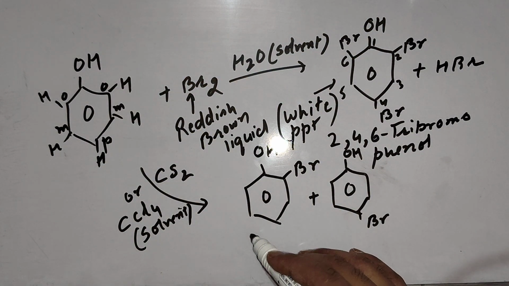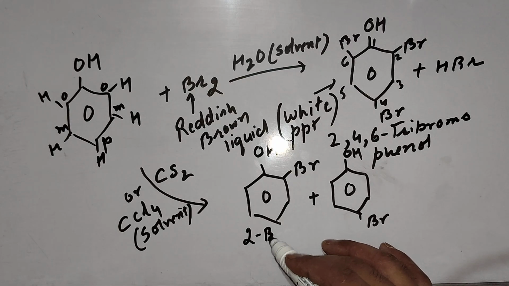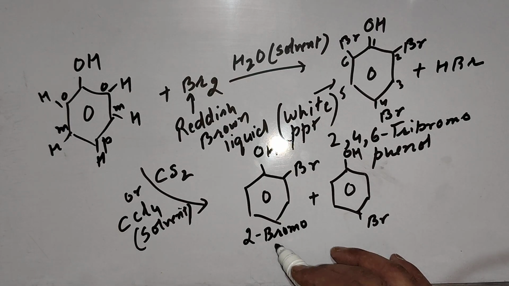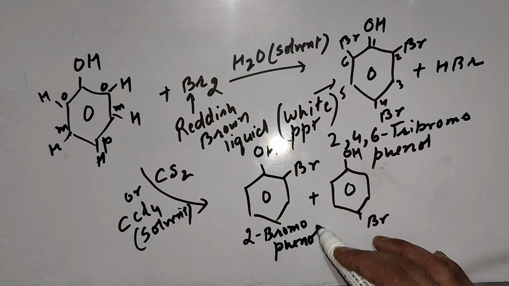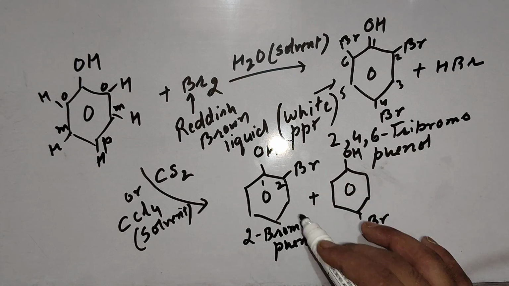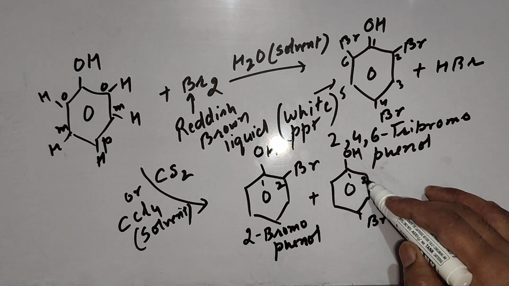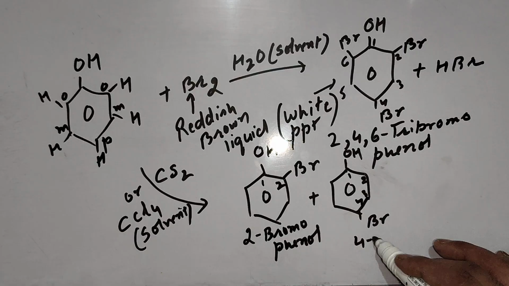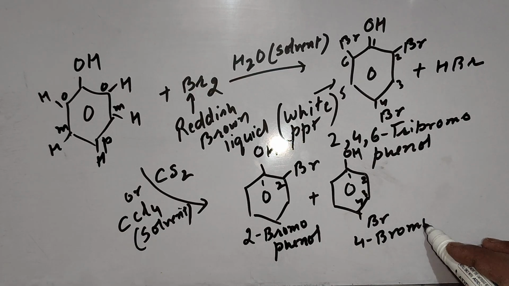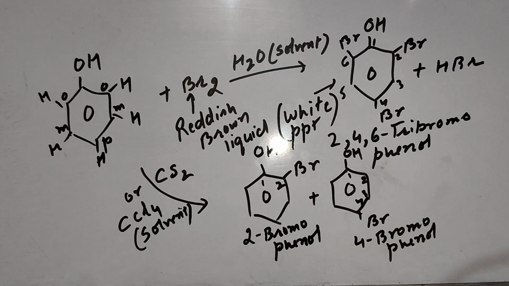This is ortho-bromophenol, or you can call it 2-bromophenol, because the position is 1, 2. Here 1, 2, 3, 4, it will be 4-bromophenol, or common name para-bromophenol.